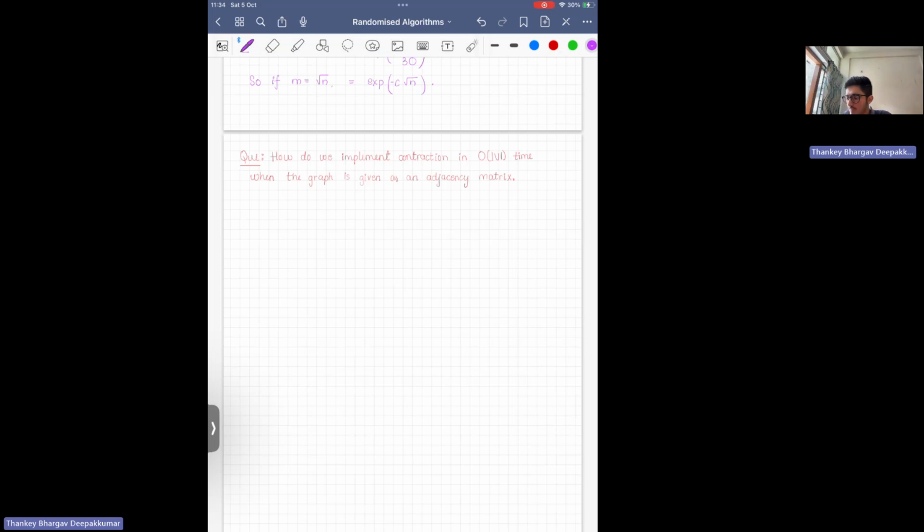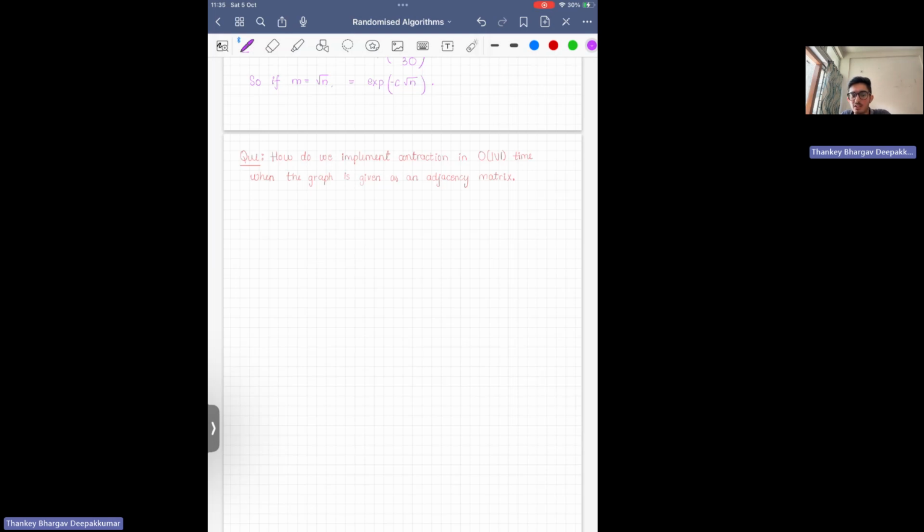We are given, let's say for simplicity, an undirected multi-graph. What's a multi-graph? Between two vertices, you can have multiple edges, but you cannot have self loops. So you are given a multi-graph, and what is the contraction operation?